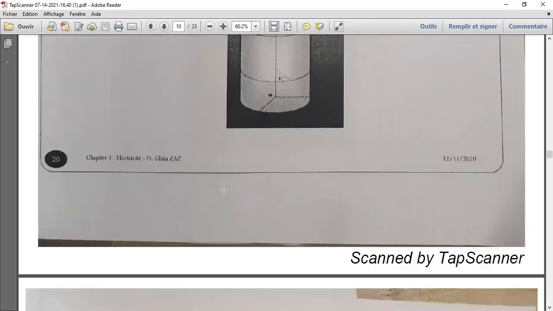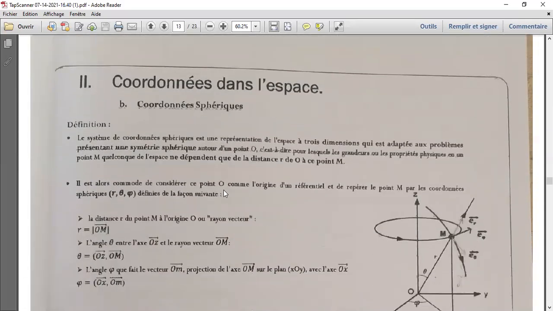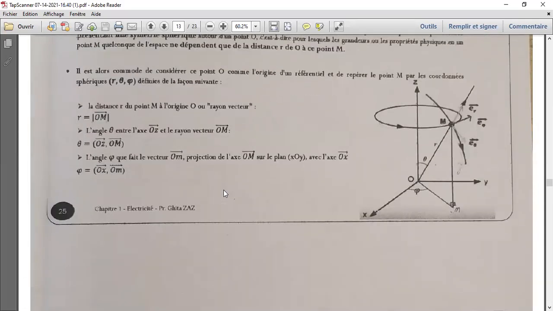But when we talk about the angle theta on spherical, this one you have to get. If you see where the angle theta on spherical is, it's here between z and y, and it makes 180 degrees. That's the difference. So the angle theta on cylindrical makes 360 degrees, then the angle theta on spherical makes 180 degrees.